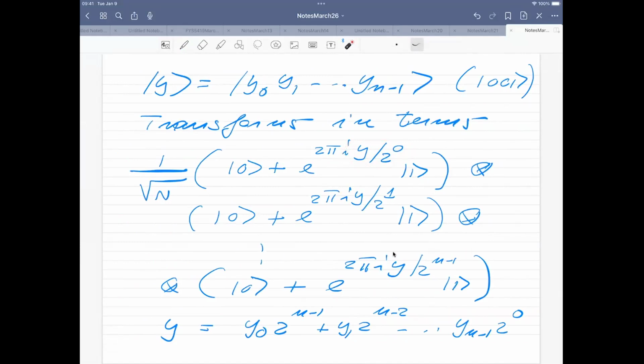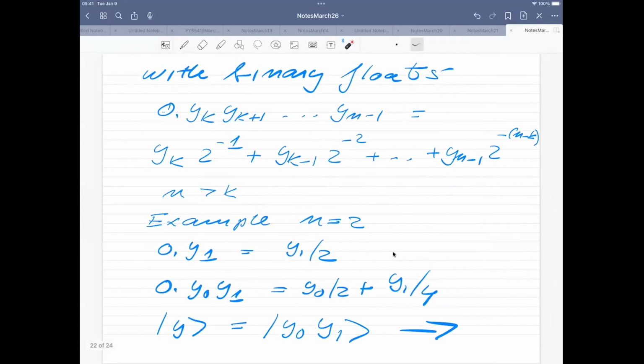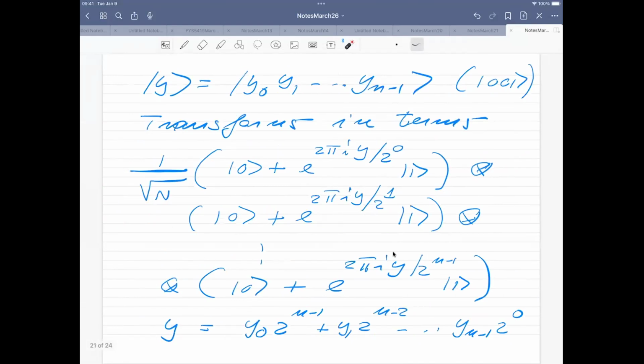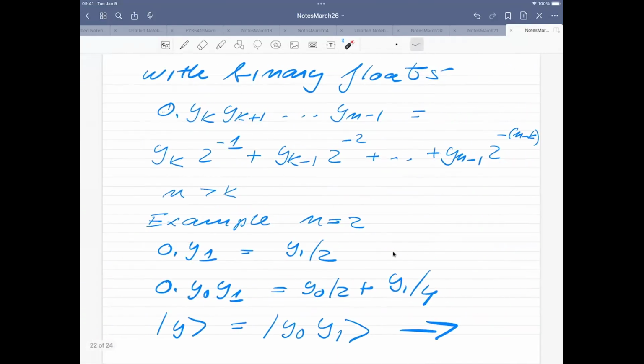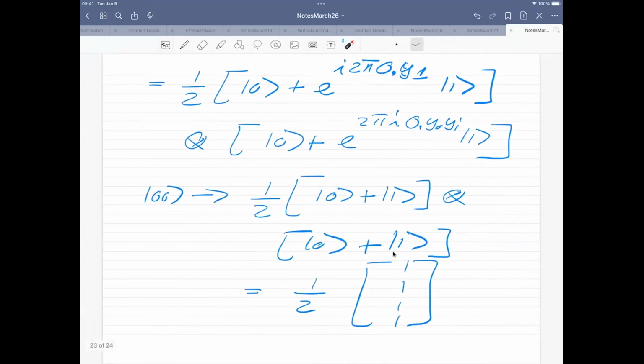Instead of carrying with us the original y state and dividing by the power of something, we simply switch to this notation, where the y divided by 2 to the power of something is automatically included. That's the main reason. It's a more compact notation where you don't need to take care of 2 to the power of something, but you have it automatically in the binary float representation. So these are just compact ways of rewriting the same type of information.